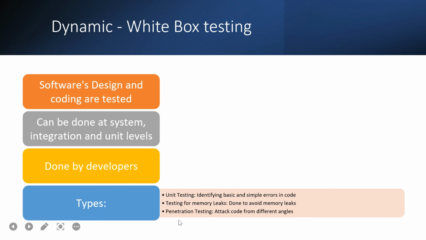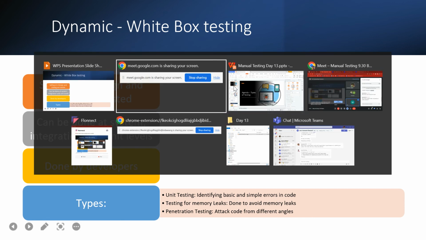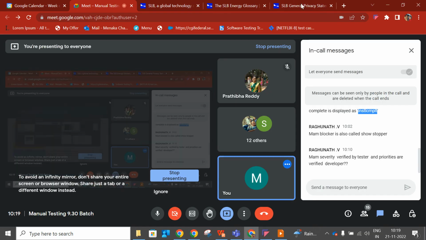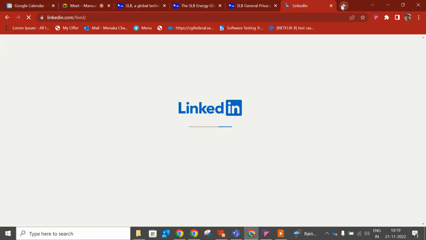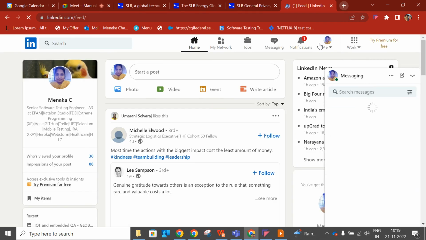And we have penetration testing. Penetration testing means, see, I have logged into my Facebook. After logging in, if you check the link above, wait, I'll show you on LinkedIn.